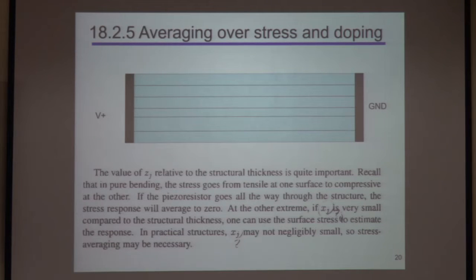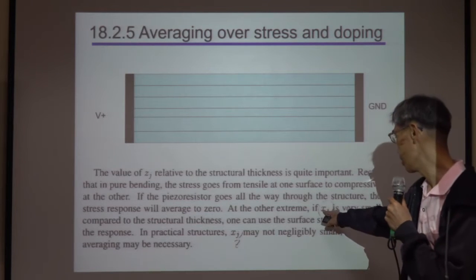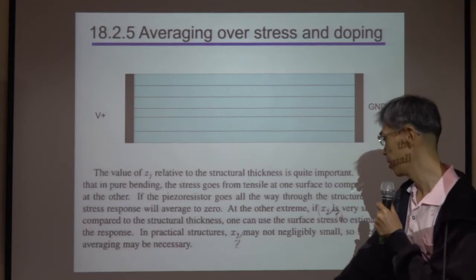If the piezoresistor goes all the way through the structure, the stress response will average to zero. At the other extreme, if Zj is very small compared to the structural thickness, one can use the surface stress to estimate the response. In practical structures, Zj may not be negligibly small, so stress averaging may be necessary." Okay, so this one should be Zj. The X is a mistake.